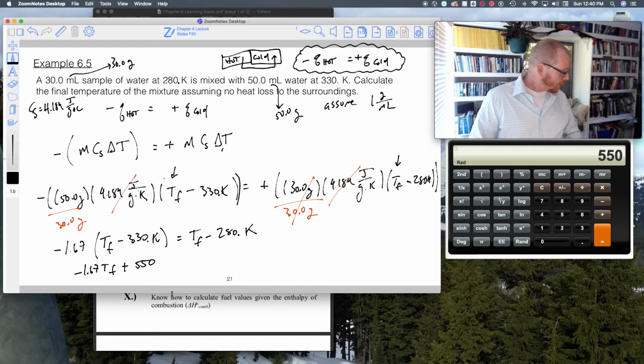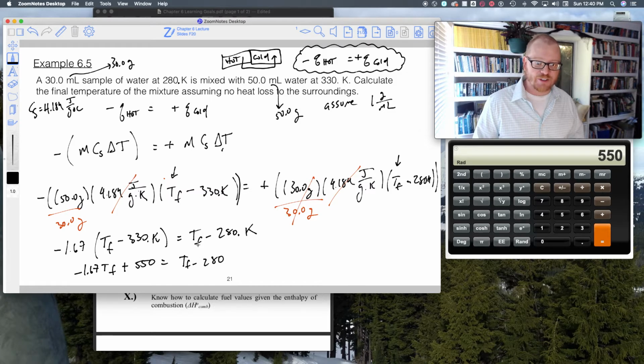All right? And I'm going to drop the units here during my algebra, but I know that the units are going to work out to be Kelvin. Okay? And so now that's still T final minus 280. And so now I've got to solve for TF. And I'm going to do that by, let's see here.